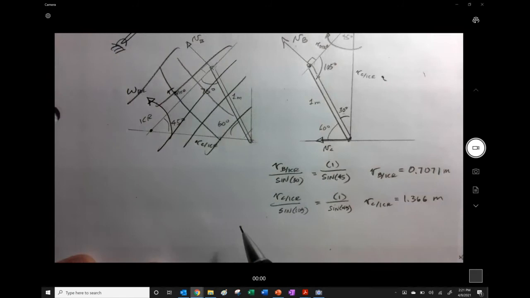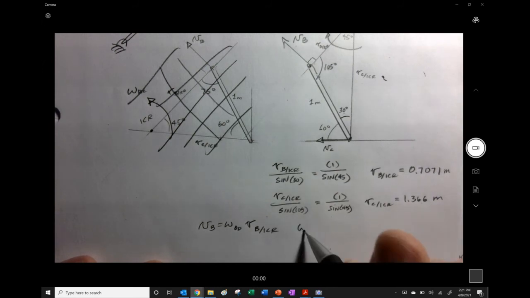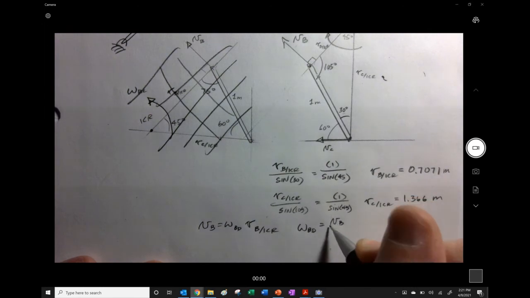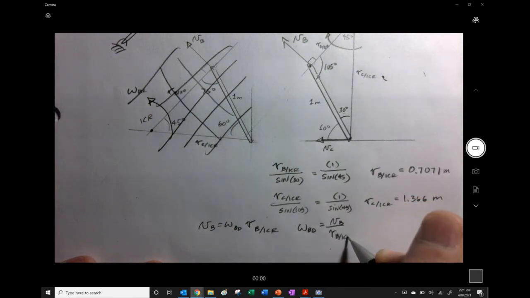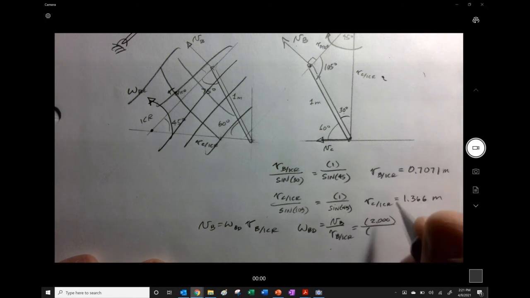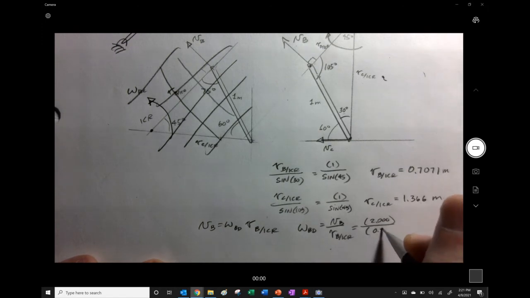Okay, so for my omega here, we could find a velocity of B is going to be equal to omega BD times RB with respect to ICR. Therefore, omega BD is equal to VB divided by RB with respect to ICR, or going to be 2 divided by 0.7071.